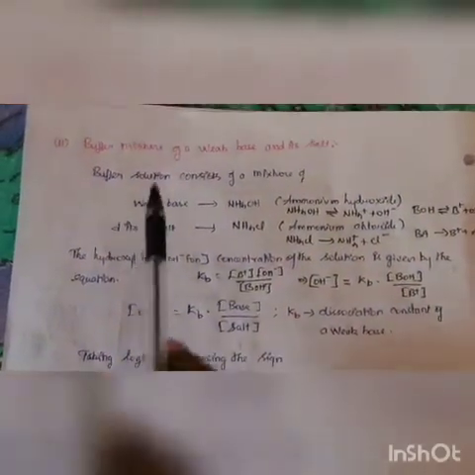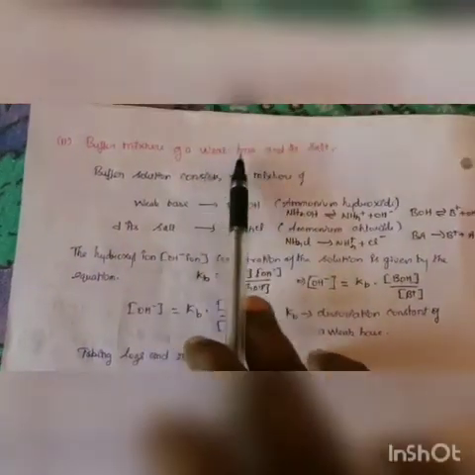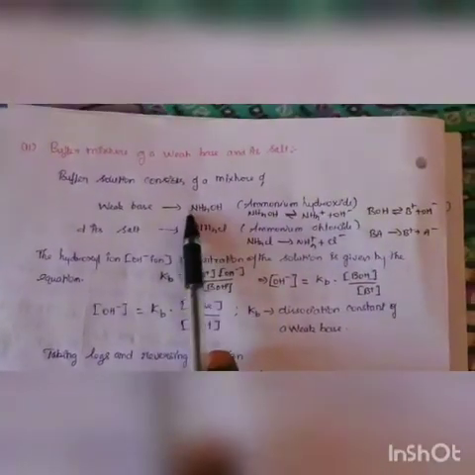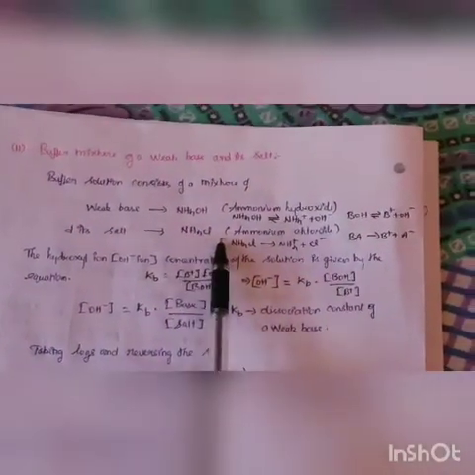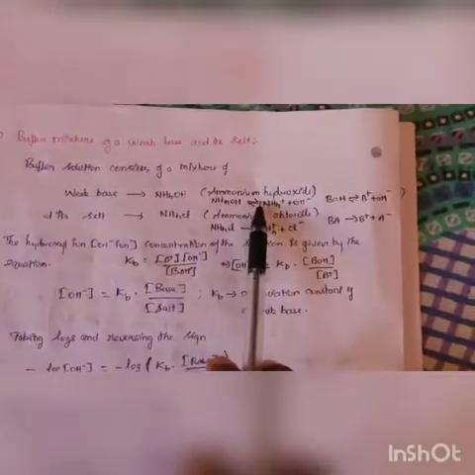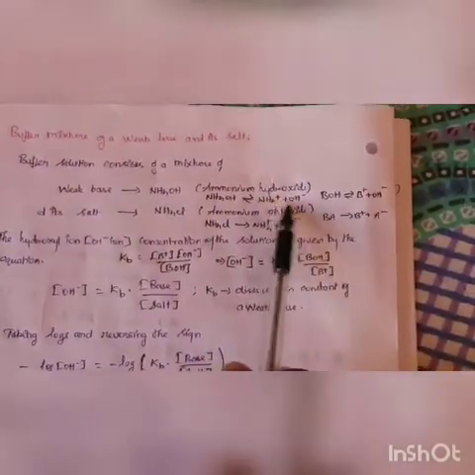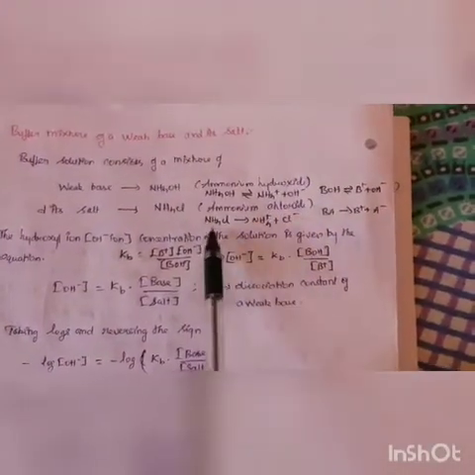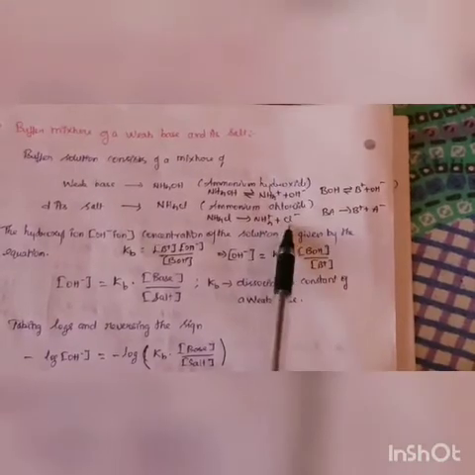Second, if you take a buffer mixture of a weak base and its salt, what happens? I am taking the mixture as the weak base ammonium hydroxide and the salt ammonium chloride. Ammonium hydroxide weakly dissociates into NH4 plus and OH minus, whereas ammonium chloride salt completely dissociates into NH4 plus and Cl minus.